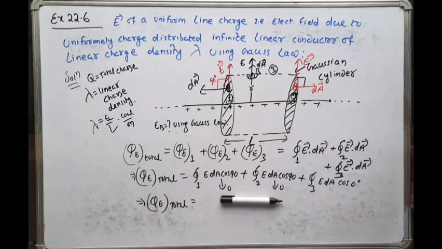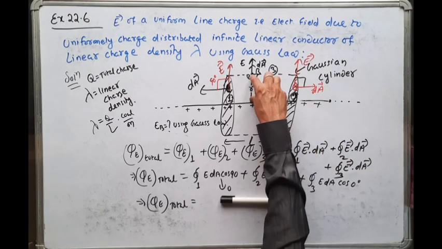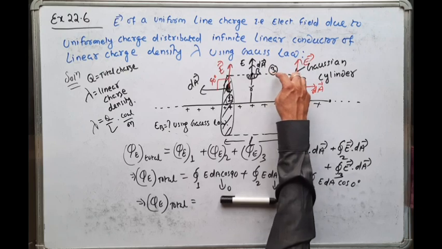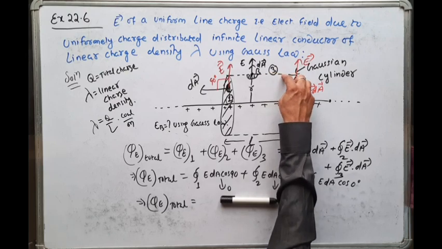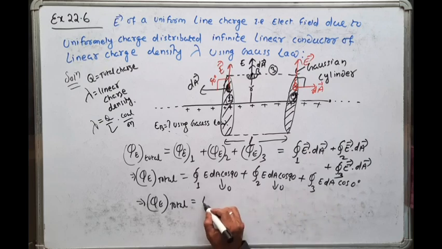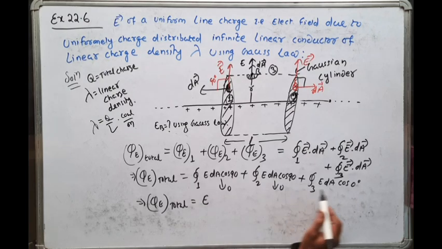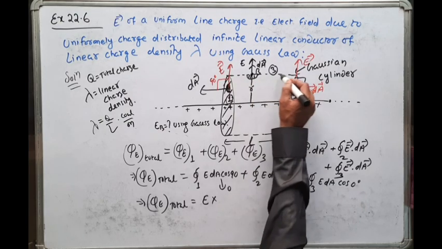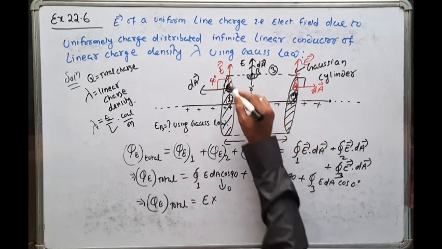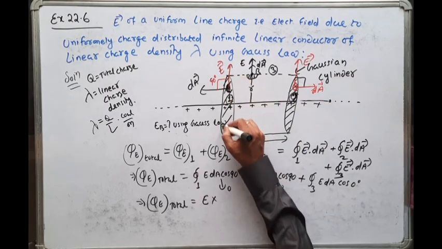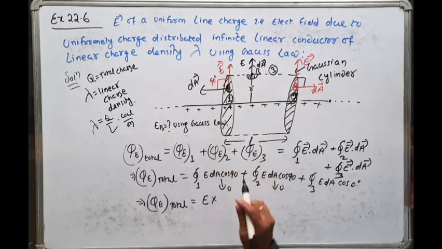So if the distance small r is the same from this linear conductor for every small element on the third surface, we can assume E is constant. So E is constant. So what is the integration of dA? Area. So what is the area of the curved surface of the cylinder? Now what is the circumference? The circumference is 2 pi r.